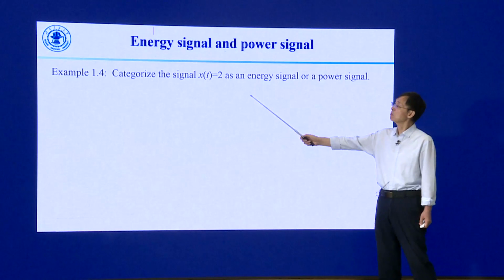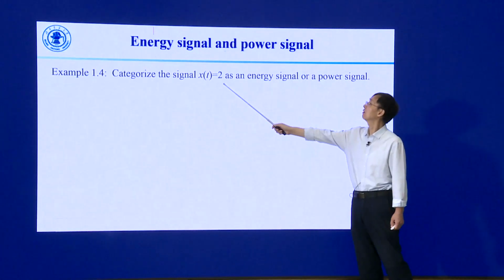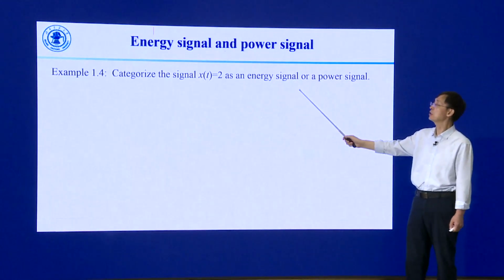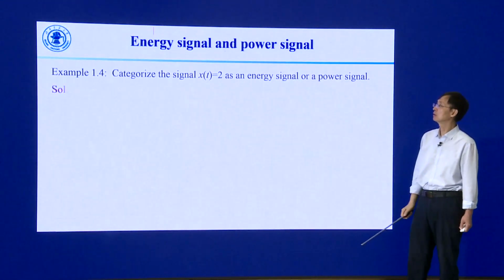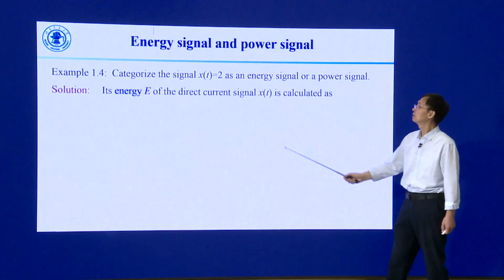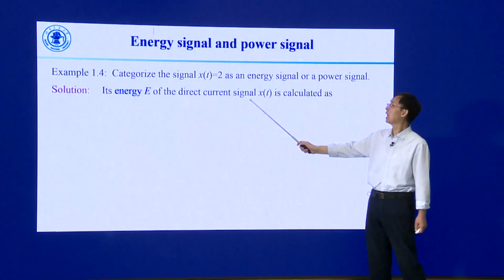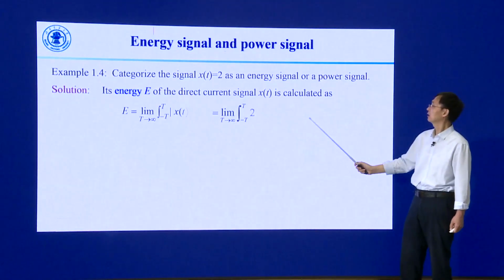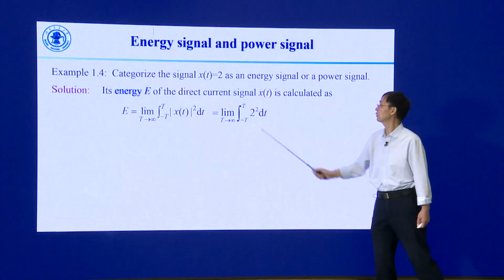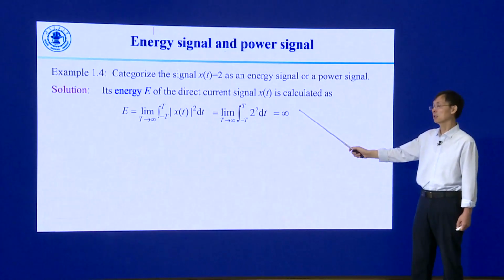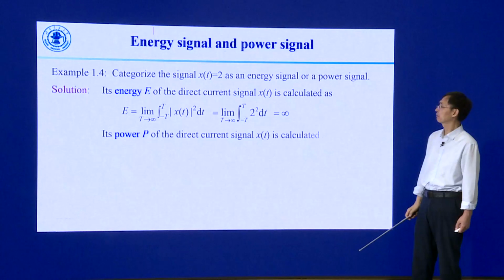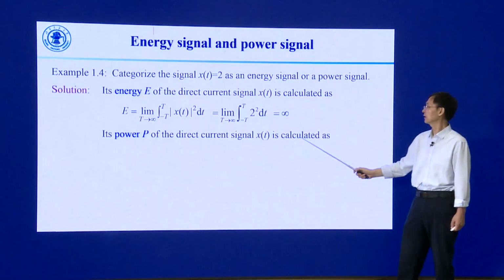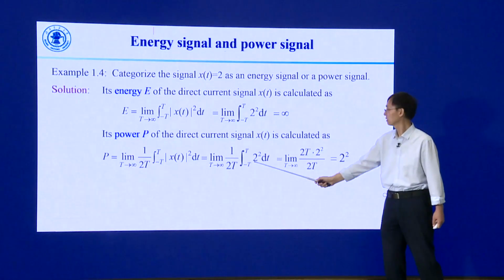Here is another example. Categorize the signal x of t equals 2 as an energy signal or a power signal. For the direct current signal, its energy E is calculated in this equation. It's infinite. Its power P is calculated in this equation.